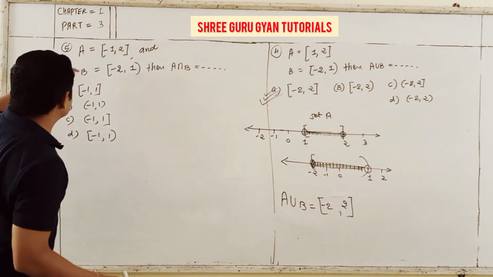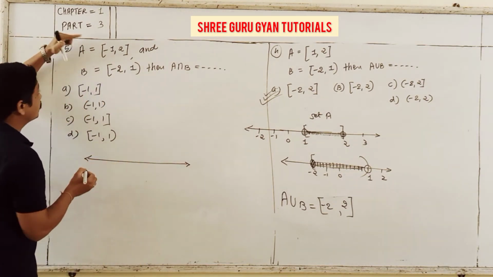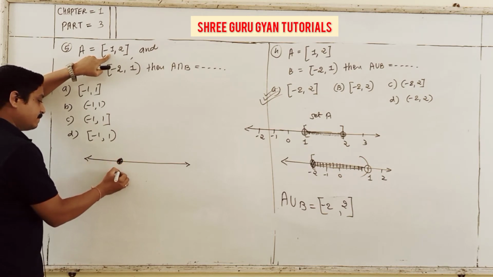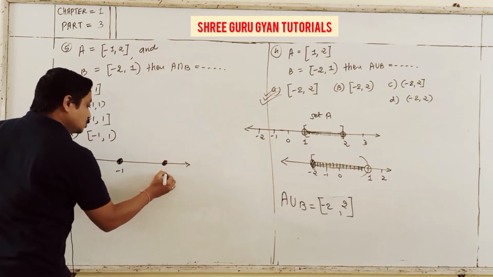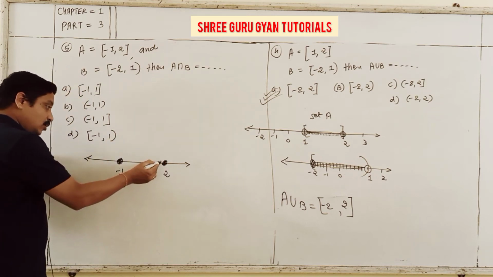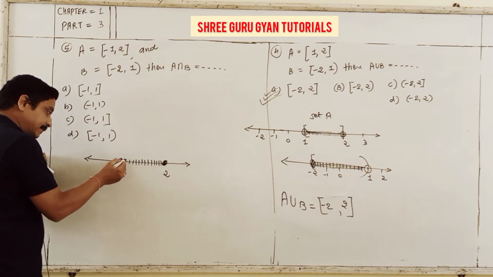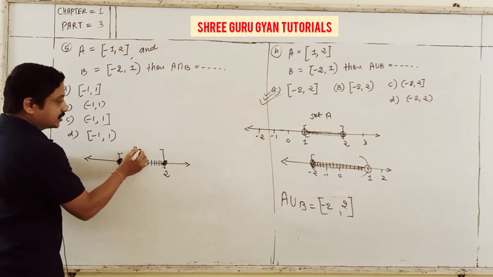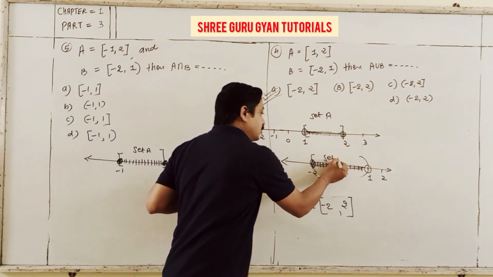Here also I show the figure for the sets. Closed bracket minus 1 means here you make a dark line at minus 1 with the dark line up to 2, and between all shaded portions, just like that: minus 1 included, 2 included, and that's your set A. Here by mistake I wrote set B, write that down first.